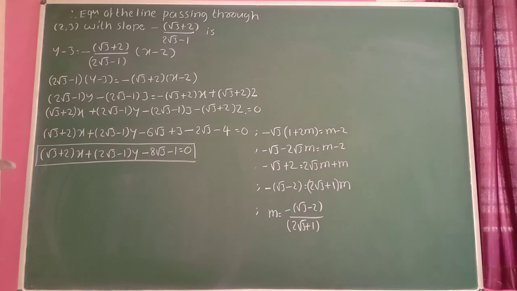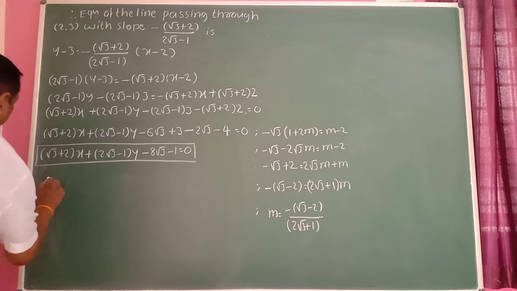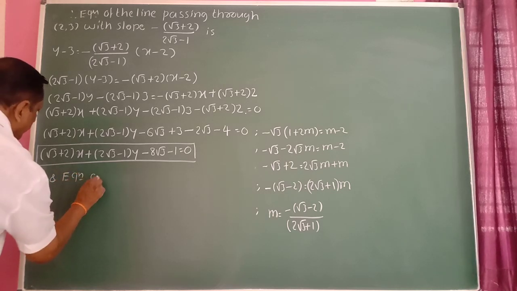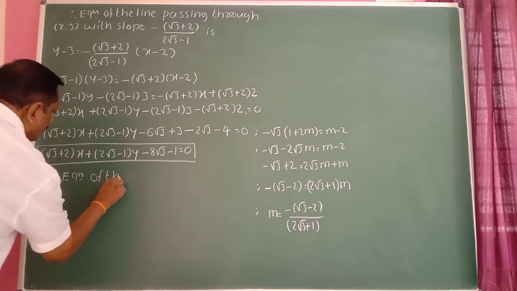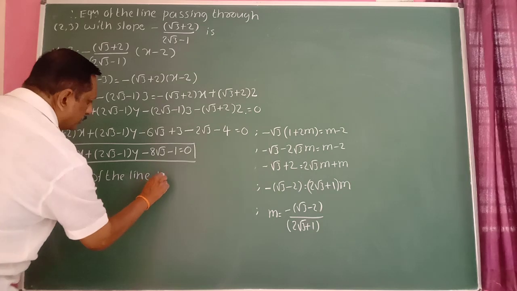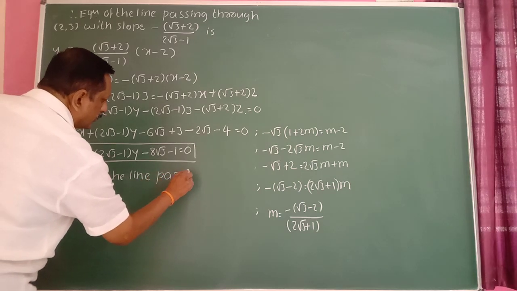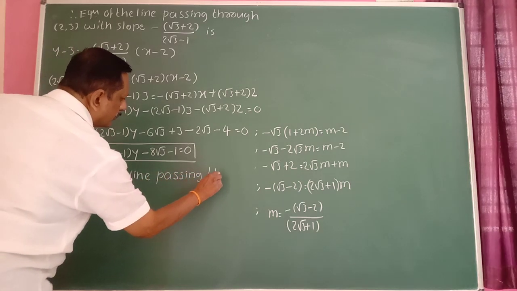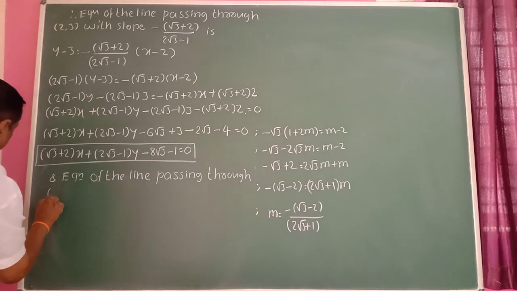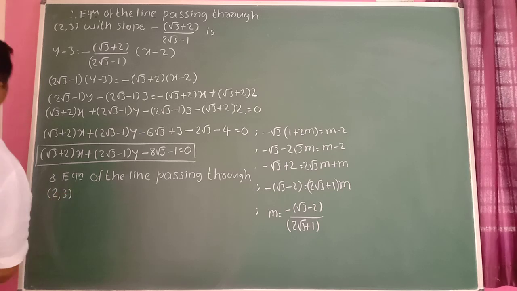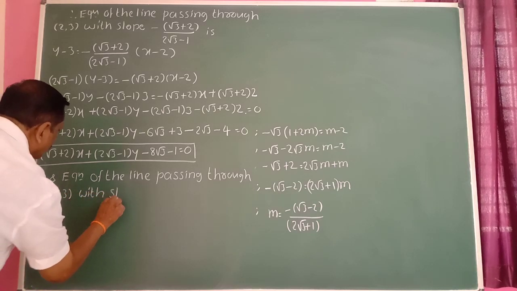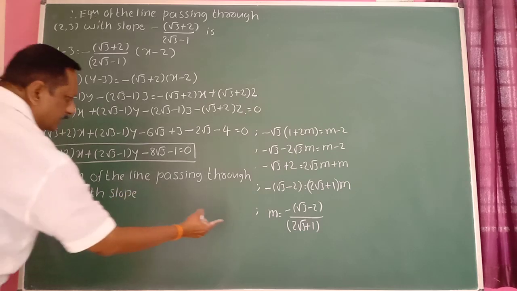Similarly, one more slope is there, and the equation of the line passing through the point (2, 3) with the slope, take this one here.